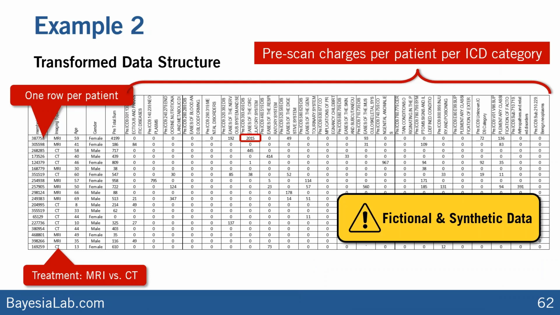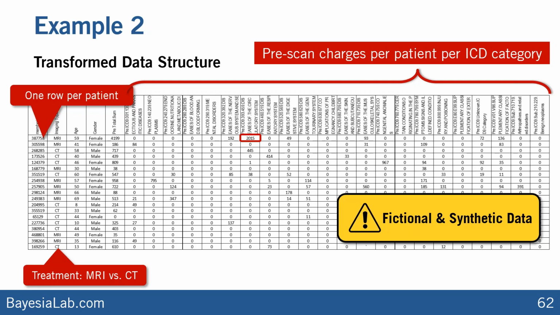And this is what you see in this particular slide. We now have one row per patient. The first column shows member ID, the insurance number, which in this case is a fictional number. Then we have the imaging type, MRI versus CT in the second column, age in the third, gender in the fourth. And then in each of the columns you will see the cost per ICD-9.